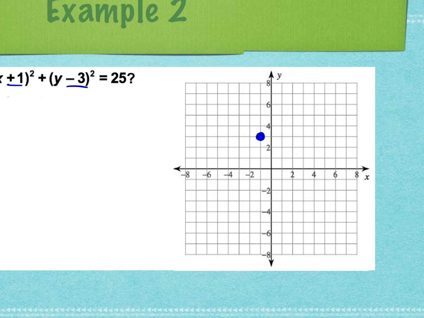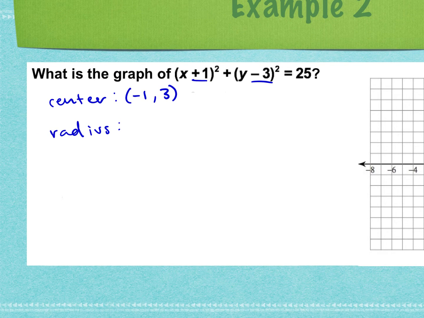So that's the center of my circle. Next, I want to find the radius. How do I find the radius? So r squared is 25. So what would just r be? 5. We'll just take the square root of 25. So our radius is 5.